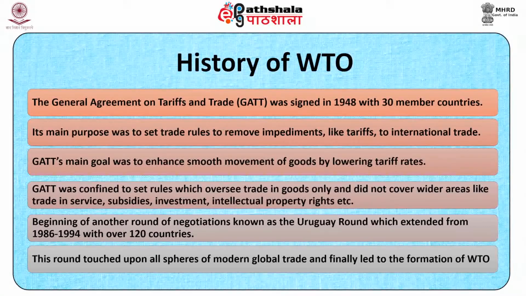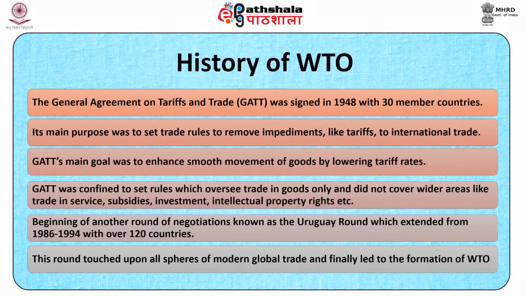GATT was confined to set rules which oversee trade in goods only and did not cover wider areas like trade in service, subsidies, investment, intellectual property rights, etc. This problem resulted in beginning of another round of negotiation known as the Uruguay Round, which extended from 1986 to 1994 with over 120 countries participating in it.